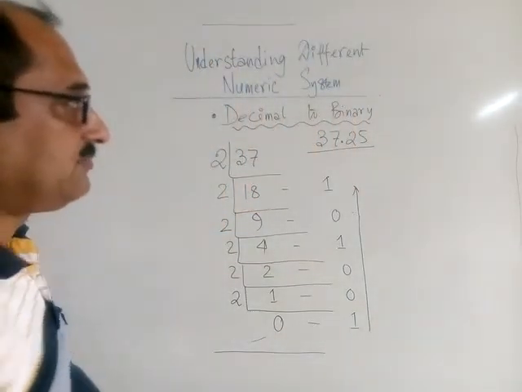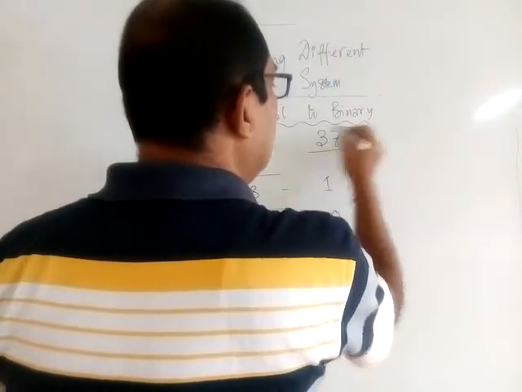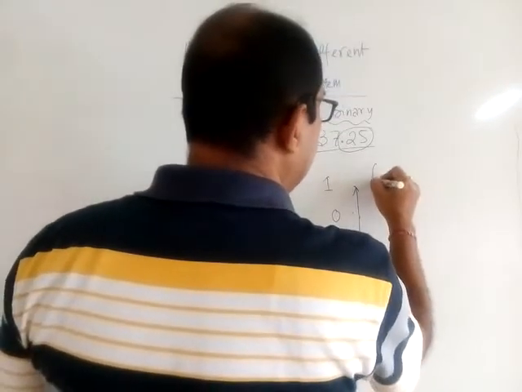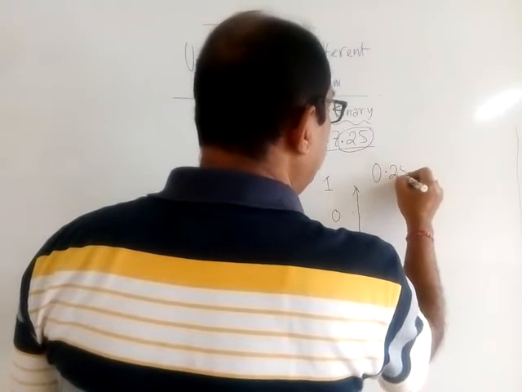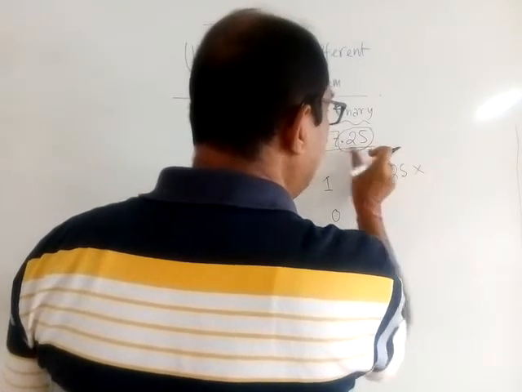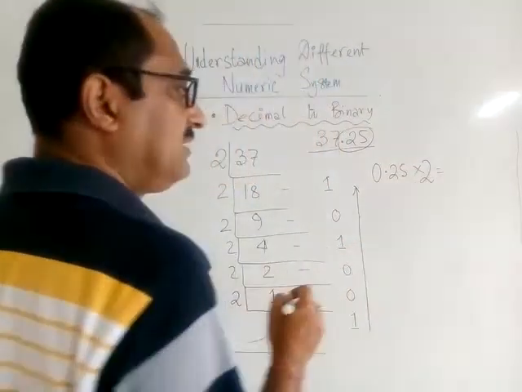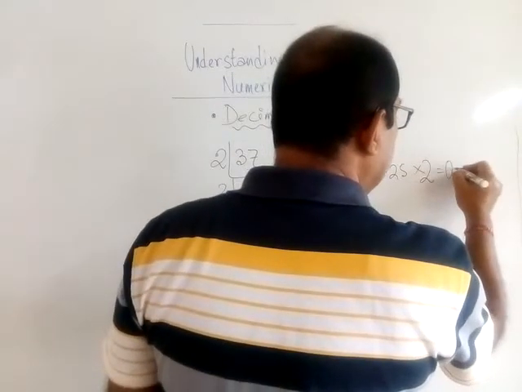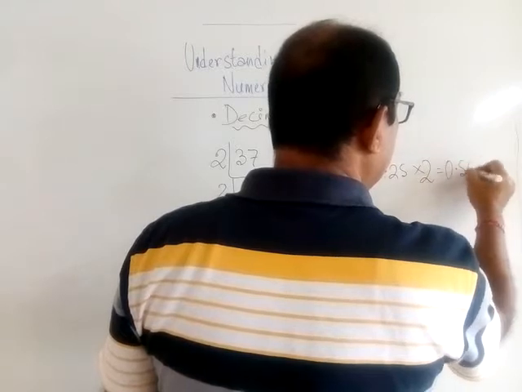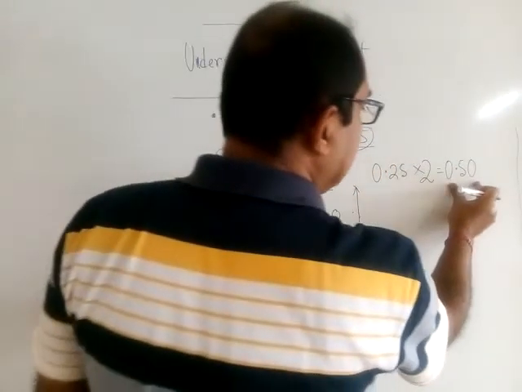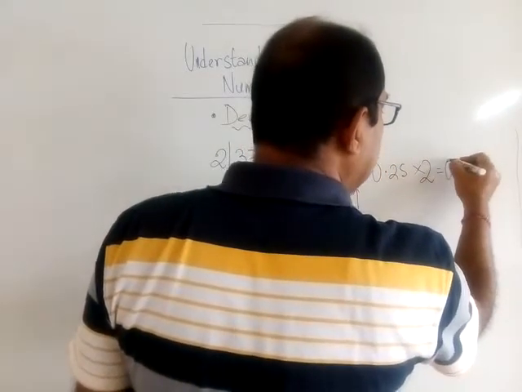My decimal part was how much? 0.25. What I do is take the decimal part and keep on multiplying it by 2. If you multiply it by 2, how much are you getting? You are getting 0.50. Now from the result, you have to take the integer part out.